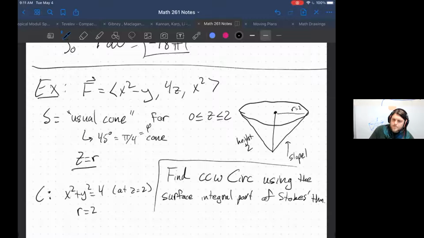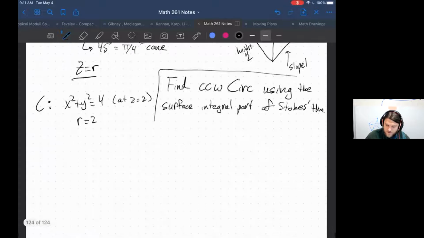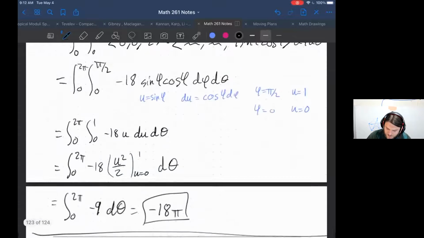Right, so that's what we want to do. So just remind us, this is a surface integral. Let's go back up.